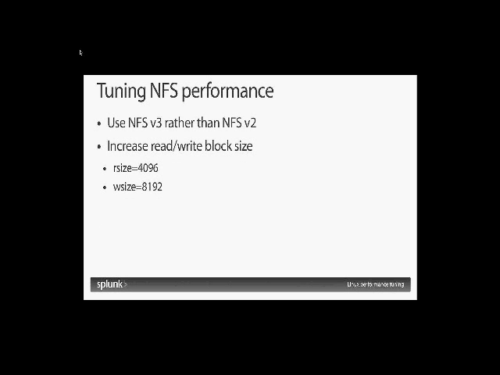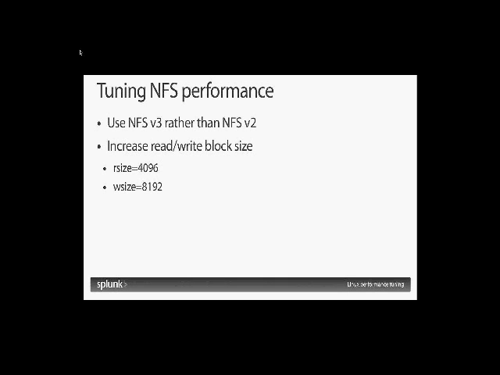Tuning NFS performance. These days, most people are probably using NFS version 3, but it still bears mentioning that NFS version 3 is a lot more efficient than version 2, performance-wise. You can also, for each individual NFS mount, or globally, set the read and write block sizes to particular values.